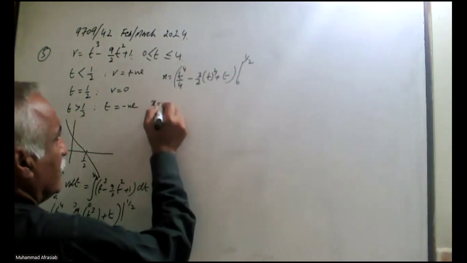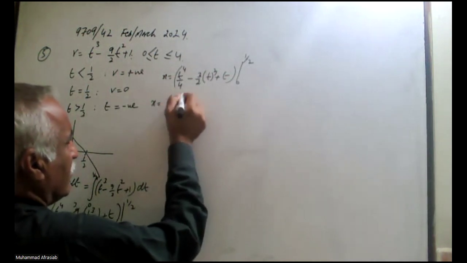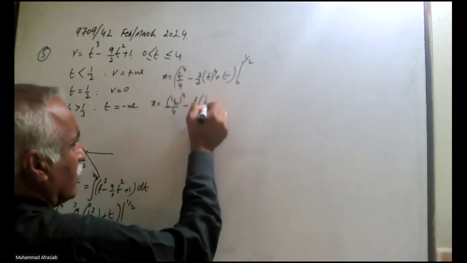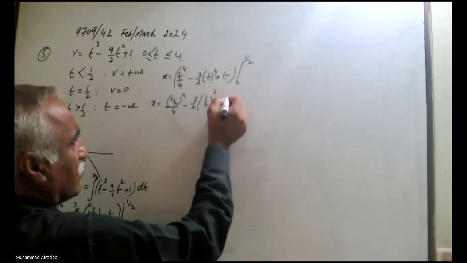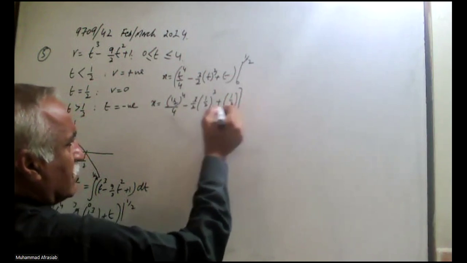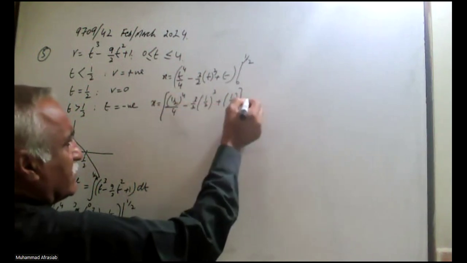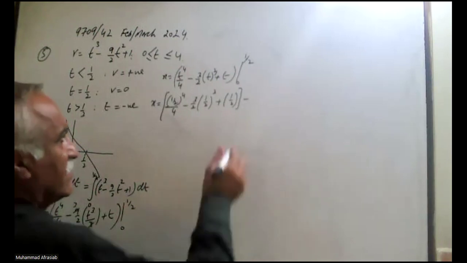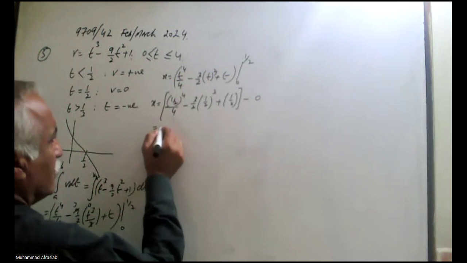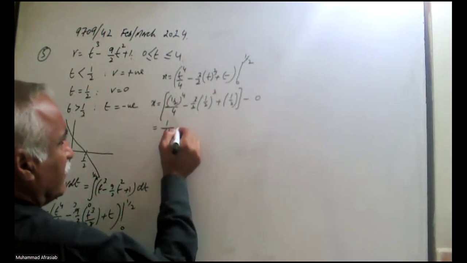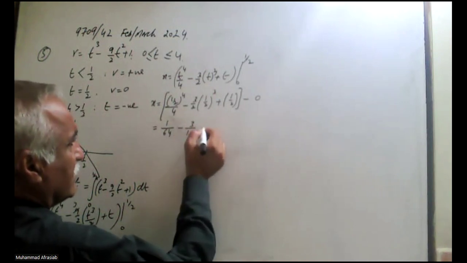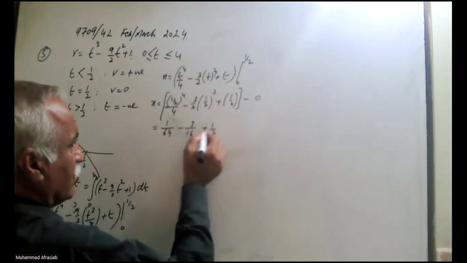So x should be equal to (1 by 2) power 4 over 4 minus 3 by 2 into (1 by 2) power 3 plus 1 by 2, minus the lower limit, because all of the terms contain t and the t value is 0, so that value will be 0. So that should be equal to 1 over 64 minus 3 over 16 plus 1 over 2.